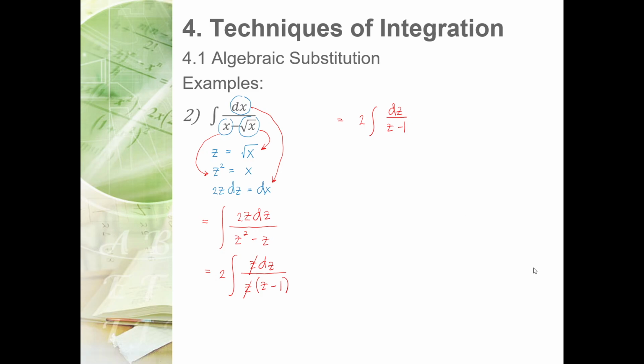If you want to verify that it's really ln, you may use u substitution, right? Let u be z minus 1, and then getting the derivative, du is equal to dz. So dz is now du, and z minus 1 is now the u parameter.